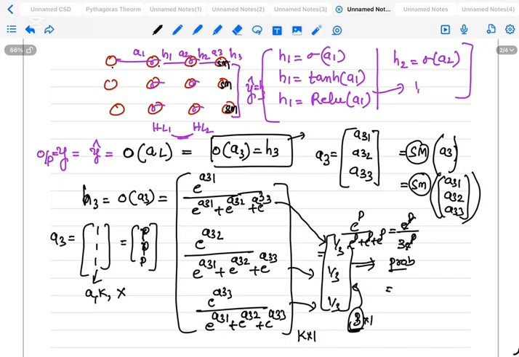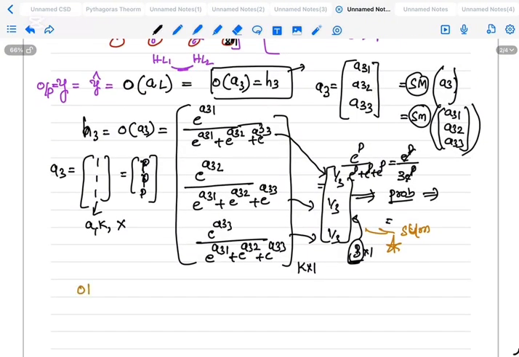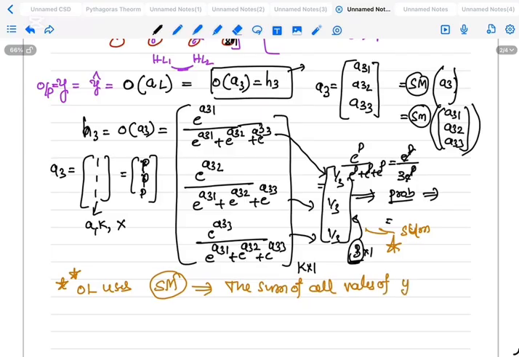Probability values. The sum of all these values is very important; some questions are based on this. Without calculation you can write the sum. If they mention in the question that the output layer uses the softmax function, the sum of all values of the output matrix Y is 1, because it is a probability matrix.